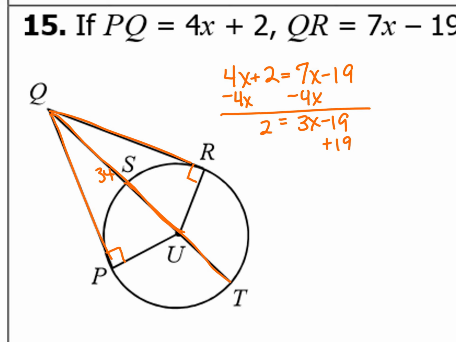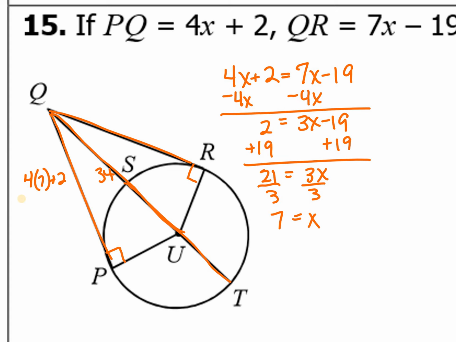I'm going to add 19. 3x equals 21. Divide by 3. x equals 7. All right, so if x equals 7, we can go back and figure out the actual length of this side. 4 times 7 plus 2. So 7 times 4 is 28, plus 2 is 30. We know these are congruent, so if that's 30, this is 30.